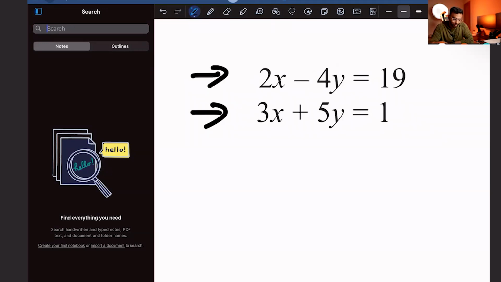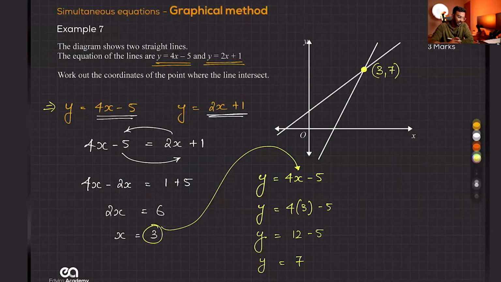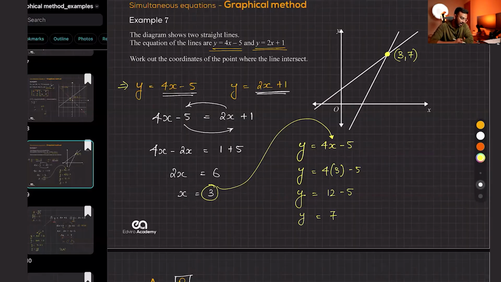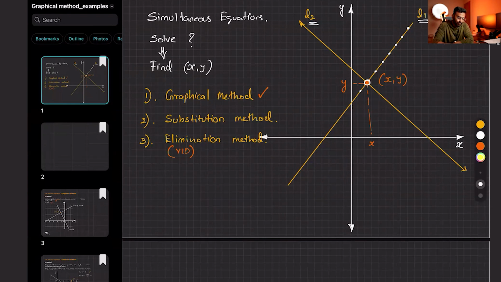Absolutely, you can do so many different methods to do it. So I want to come back to our slide. Remember, we did the graphical method, we did the substitution method. You see the elimination method? We don't need it for now.